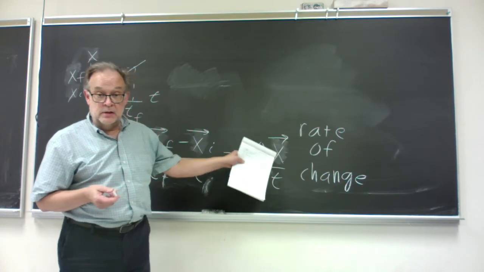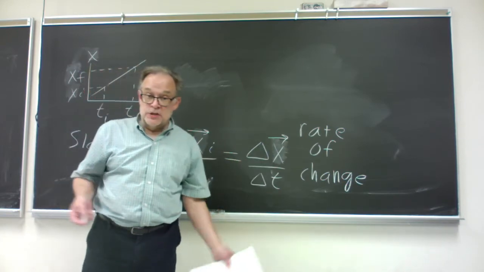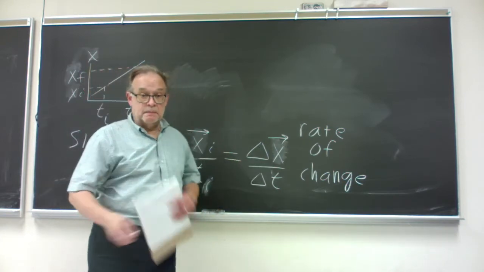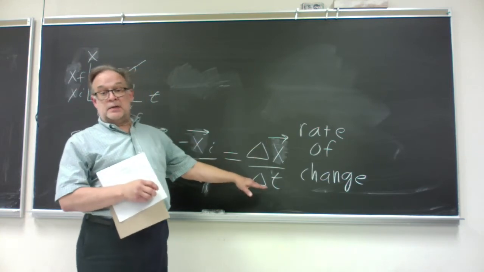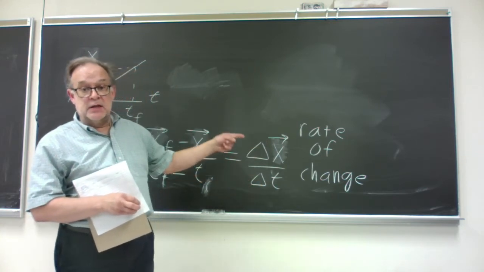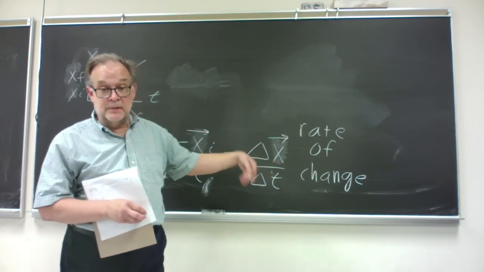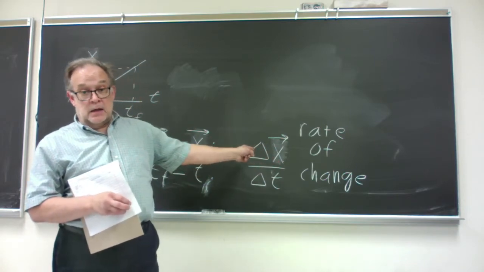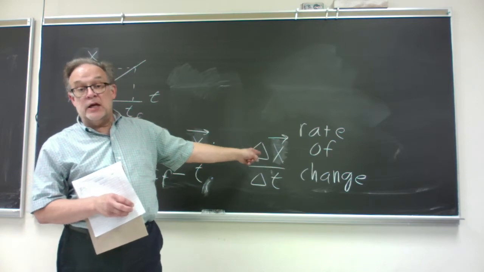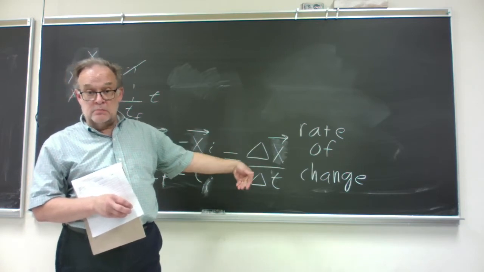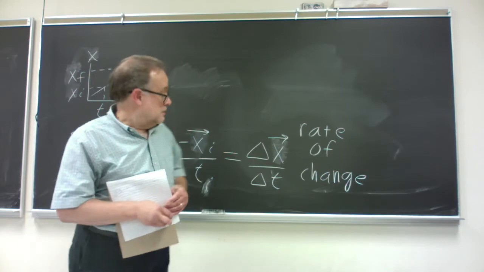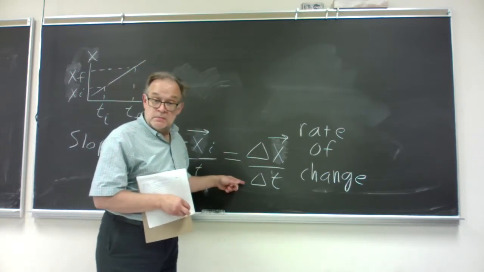Of course, delta location is just another name for displacement. Displacement divided by the time it took to make that displacement. That's the rate of change in location. How many meters of change you get in the location per second. But we've seen this before.